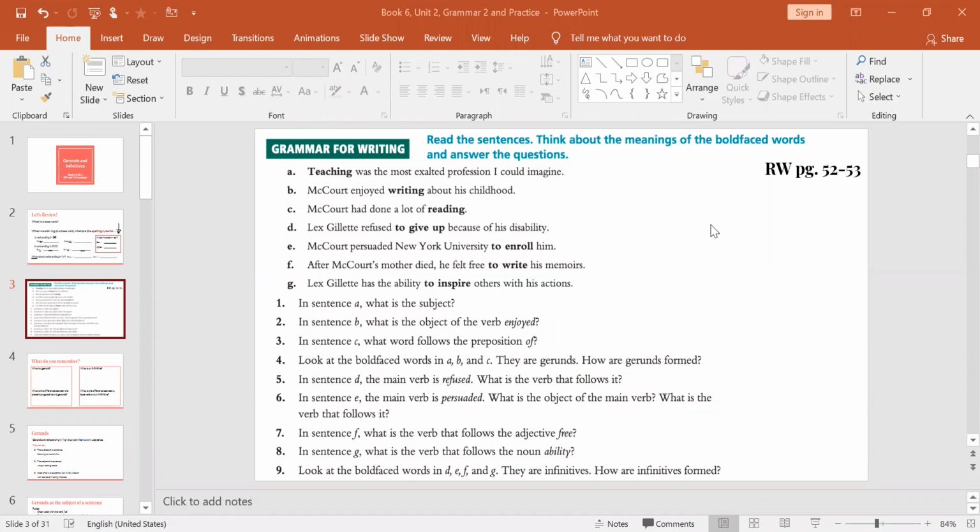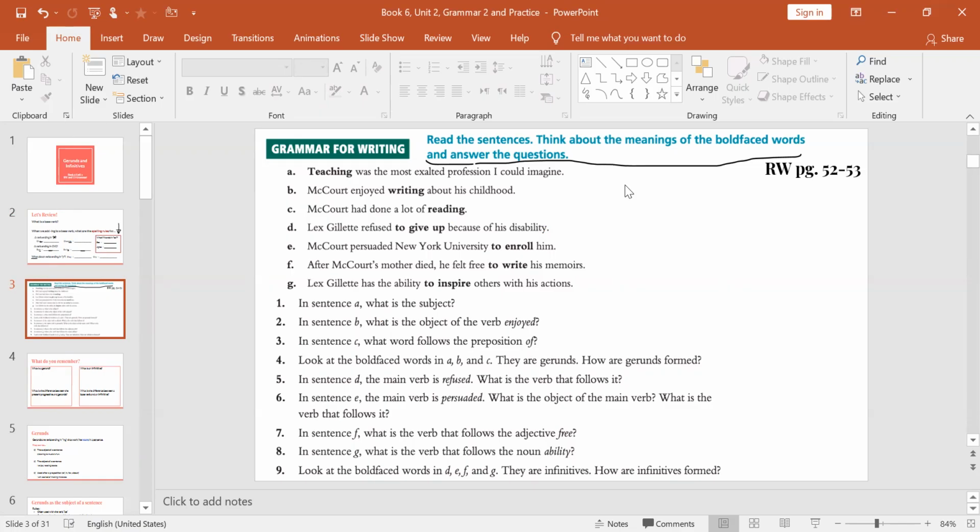A really good tip that will help you during your testing is to read the instructions first. The instructions will really save you time when you're answering the questions.